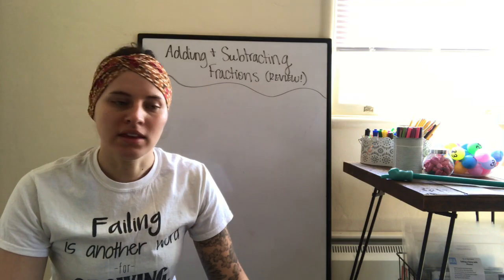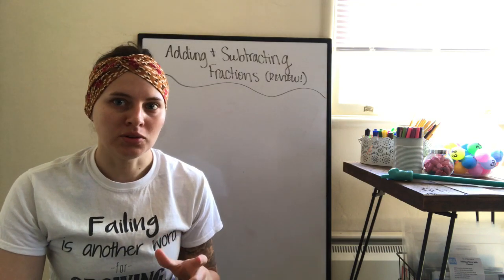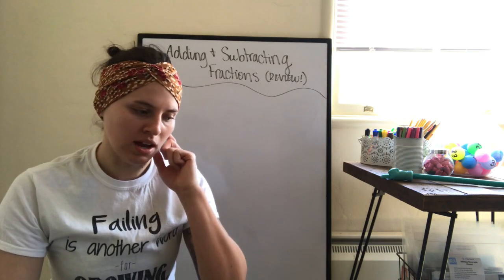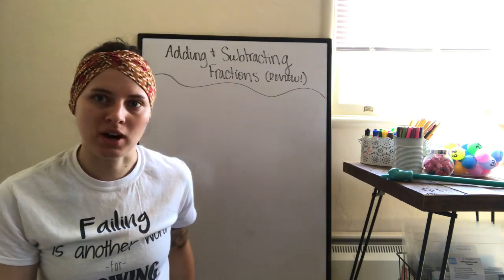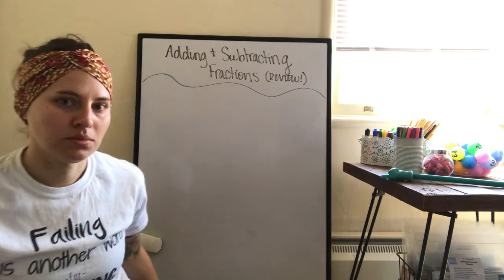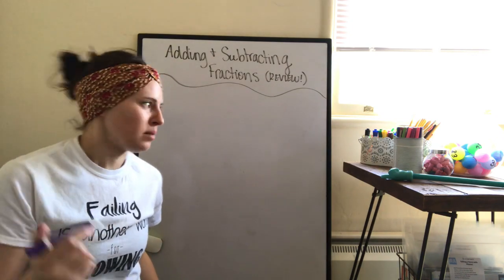Today, for math, we're going to do a little review. Since it's been over a week because of spring break, I want to do a review on adding and subtracting fractions. So, just real quick, we're going to add and subtract fractions, and I'll do two examples.